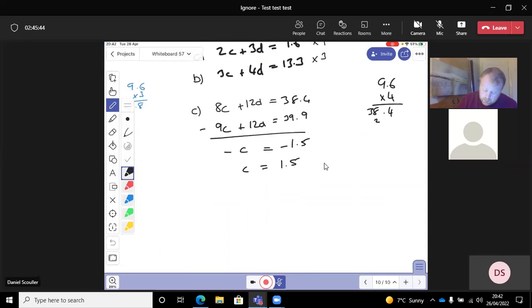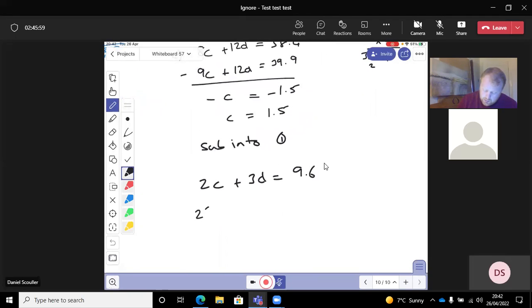Okay, so sub that into the first equation, 2C plus 3D, 2C, 2 times 1.5, so that's 3 plus 3D.